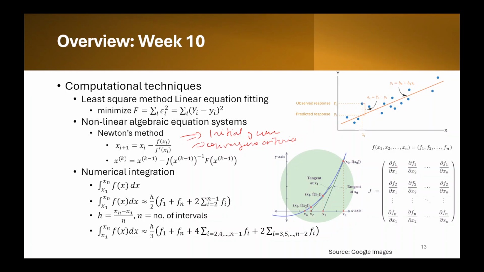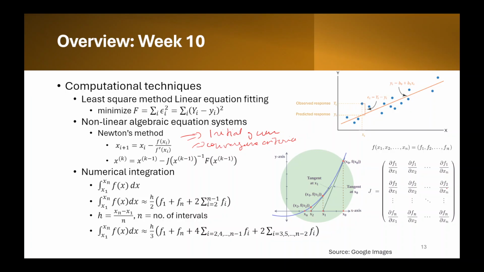So basically, there are a number of independent variables, and the dependent variables are these f1, f2, fn. Firstly you take the derivative of f1. This first row is all your f1 with respect to all the variables involved, x1 to xn.